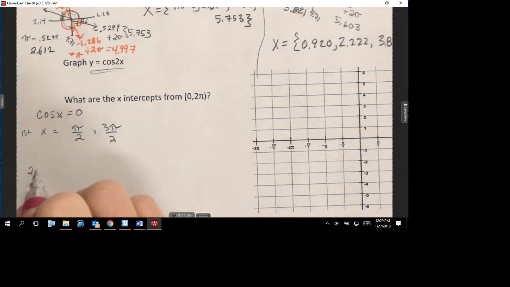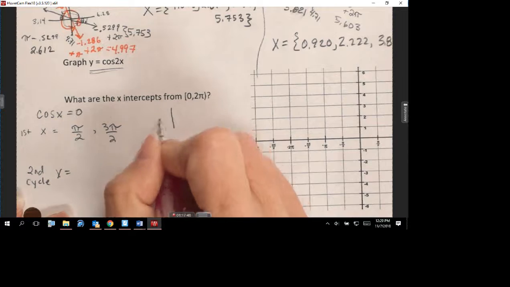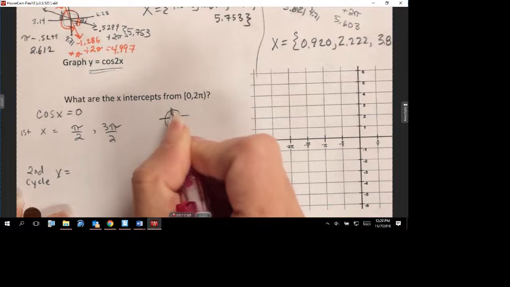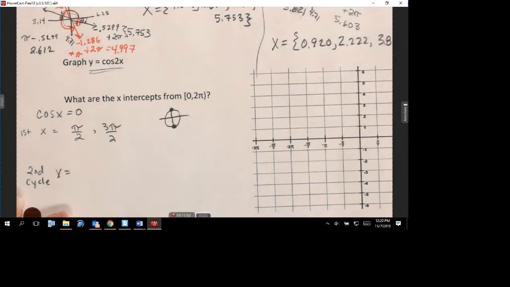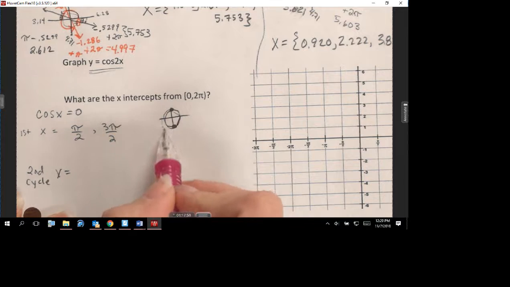I'm now going to have a second cycle. And I'm going to tell you those x-intercepts of the second cycle, but before I shrink it in. So if I use my unit circle and I go around, and these are the 2 places that cosine x is equal to 0, if I go a second cycle, I just go around the circle a second time.